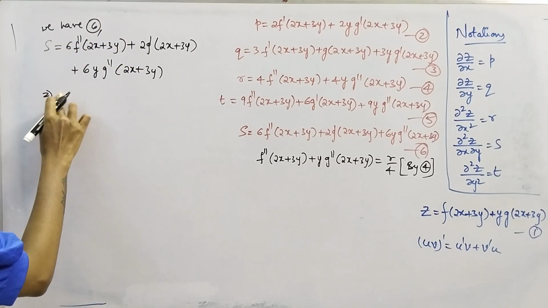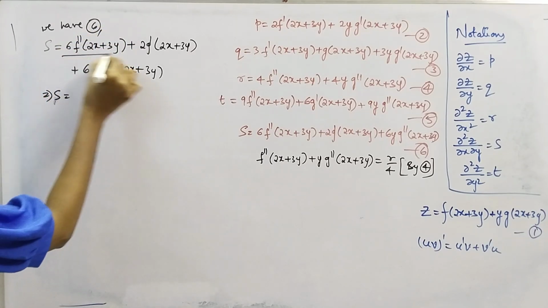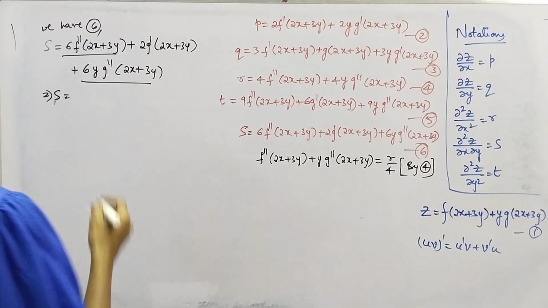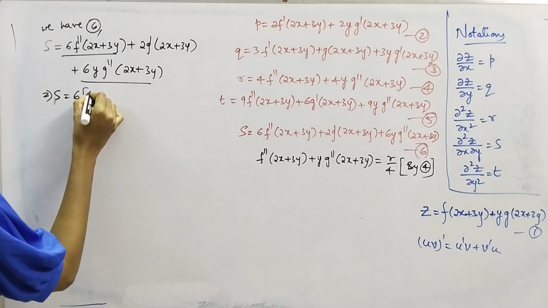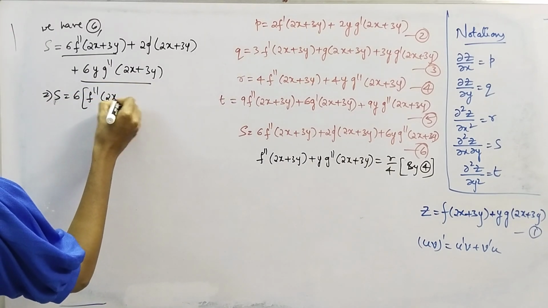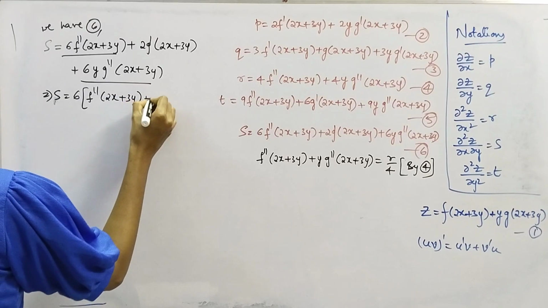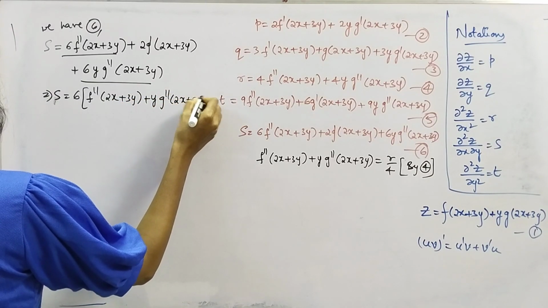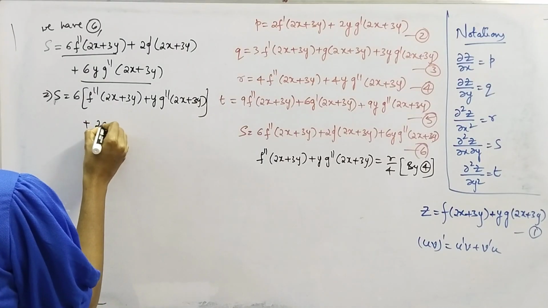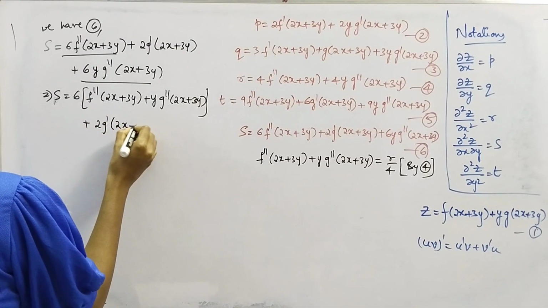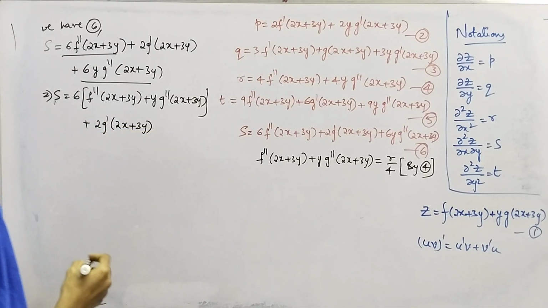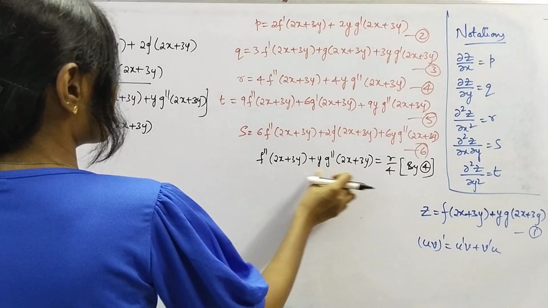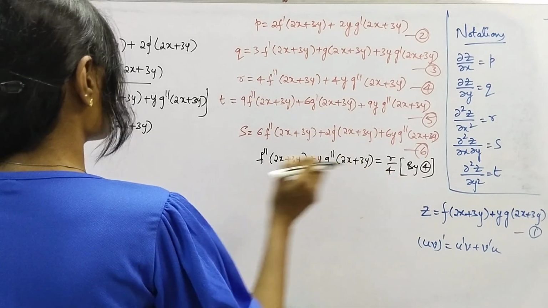We'll get s equal to, now take 6 common from these two terms. We'll get 6 times f double dash of 2x plus 3y plus y into g double dash of 2x plus 3y, plus 2 into g dash of 2x plus 3y. So already we have f double dash plus y into g double dash value, which is r by 4.